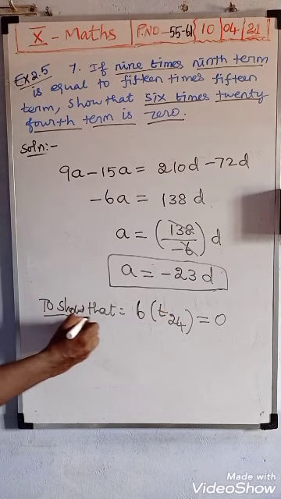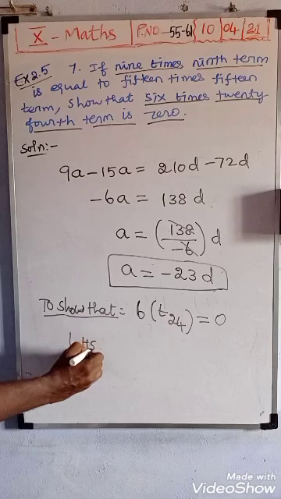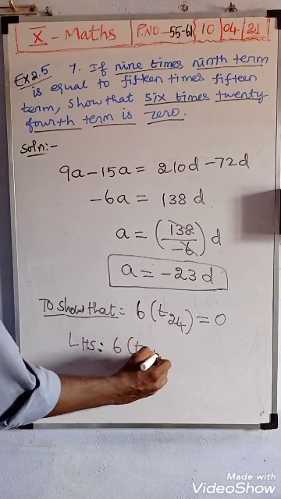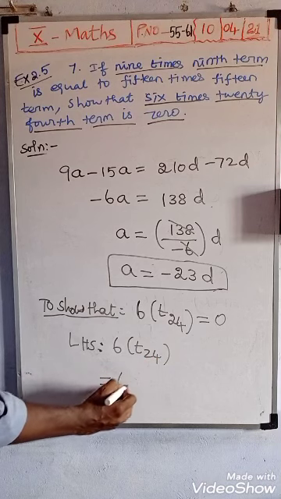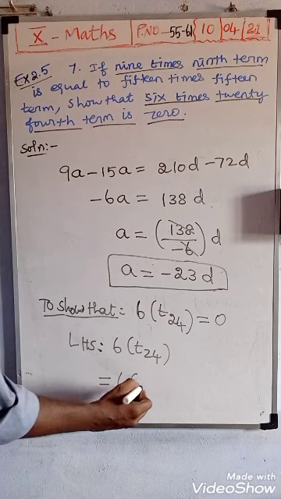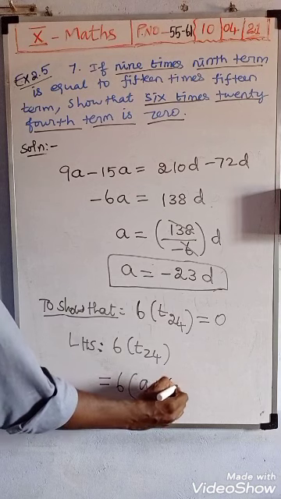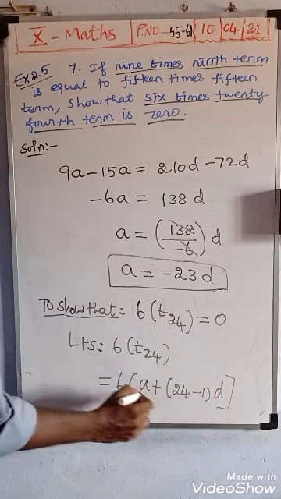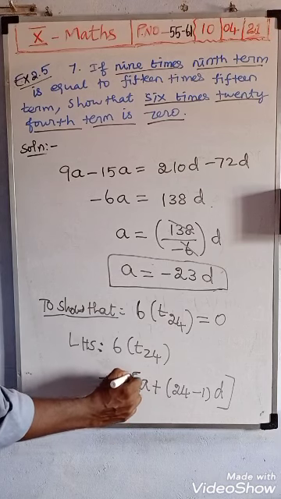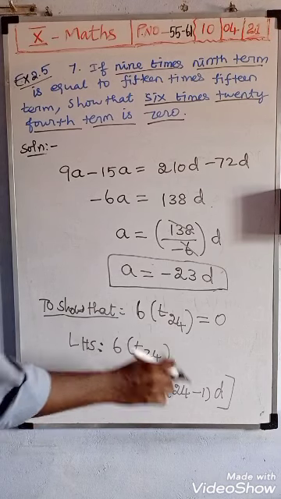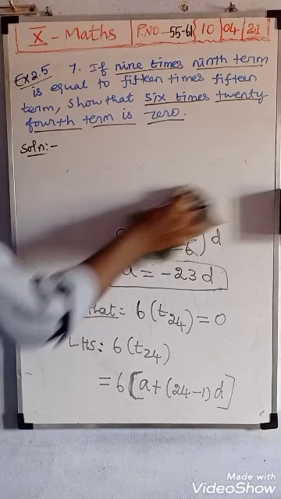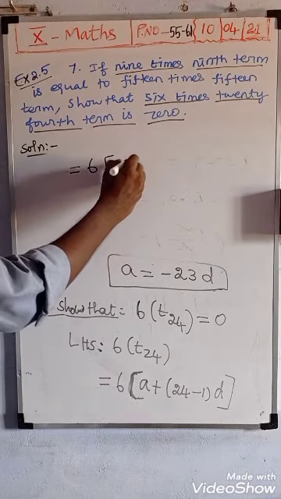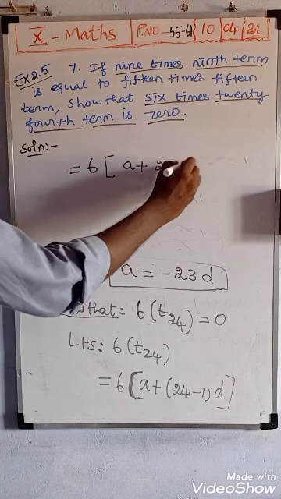For that, choose the LHS side, 6 times T24. This is equal to 6 times the Tn formula, a plus 24 minus 1 into d. Use this Tn formula, now instead of n, 24. So 24 minus 1 into d. Now subtract, 6 of a plus 23d.